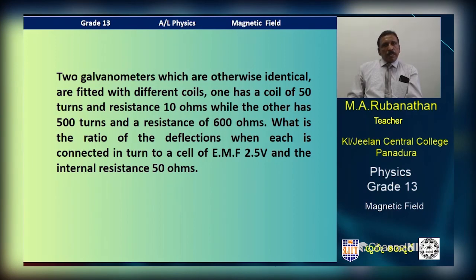First we draw the diagram. These two galvanometers are identical, only their turns are different, connected to the battery. EMF means the electromotive force. So we draw this circuit. This is the galvanometer connected to the battery.